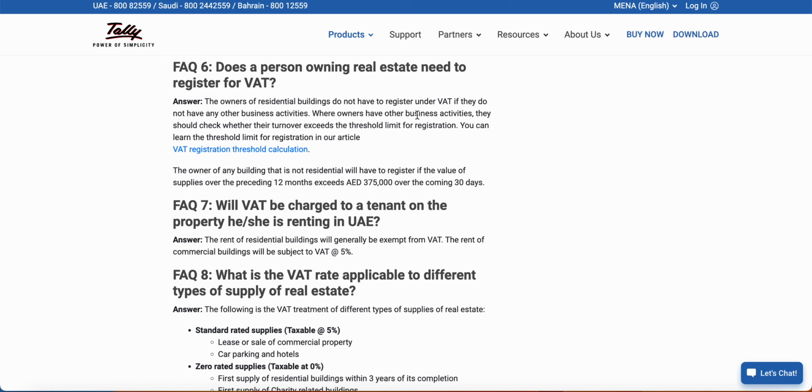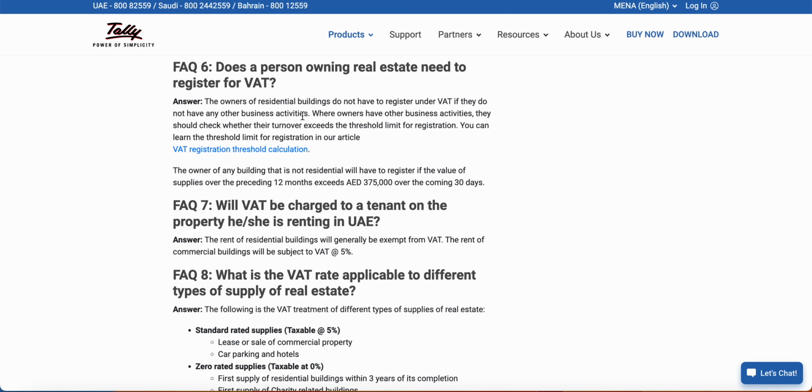Where owners have other business activities, they should check whether their turnover exceeds the threshold limit for registration, and that threshold limit is 3,75,000 dirhams of sale value per year or in the next 12 months. So, residential building owners have been given this cushion that they do not have to register if they don't have any other business activity.